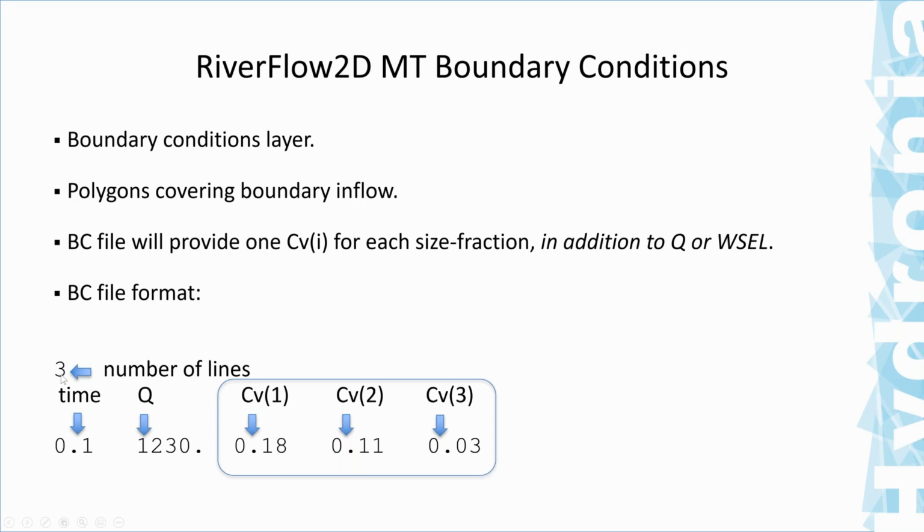So as an example, if you remember the format for the data file, it's a text file, we have the number of lines here, the first line, then we have time in hours, discharge, flow rate is the same thing, but now we have to have one column or one parameter for each time corresponding to the concentrations for each fraction.